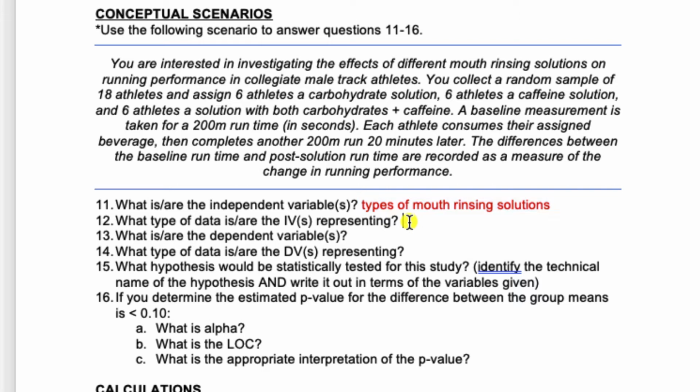The type of data this represents is nominal because we have 3 categories that we have assigned people into, or 3 different manipulations that we're applying. So we have the carbohydrate solution, the caffeine solution, and the carbohydrate and caffeine solution.